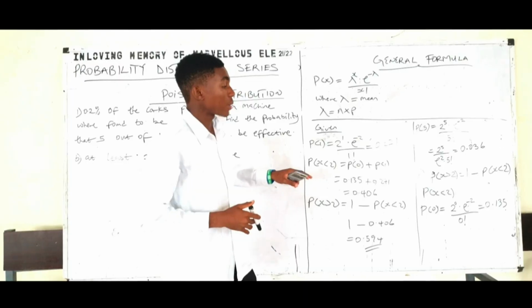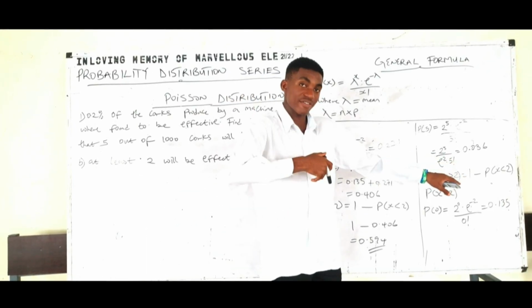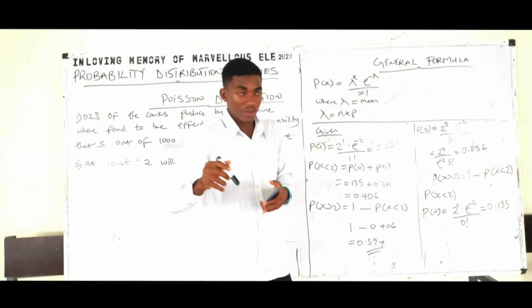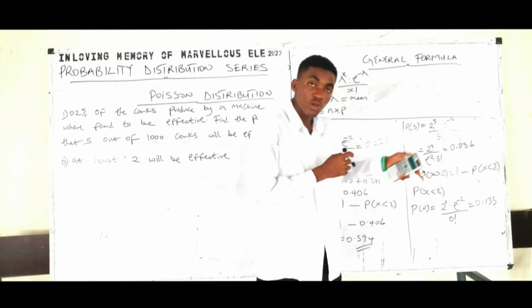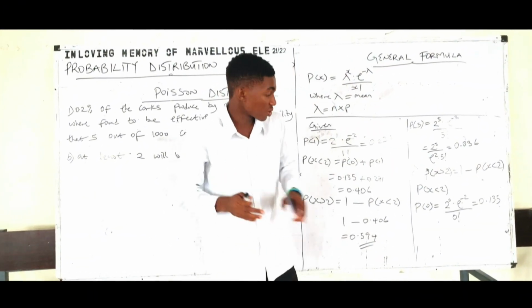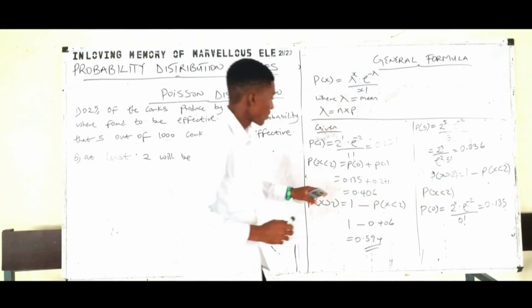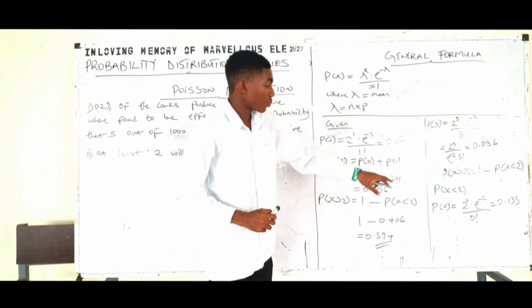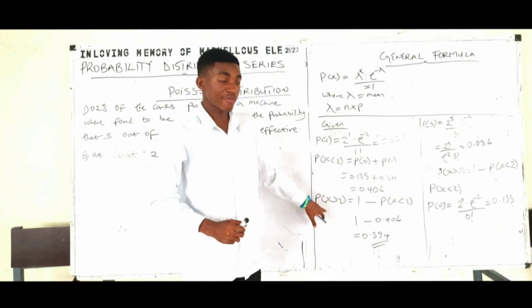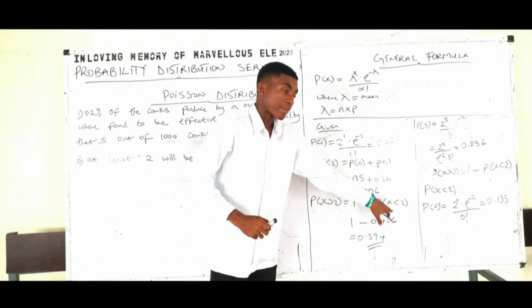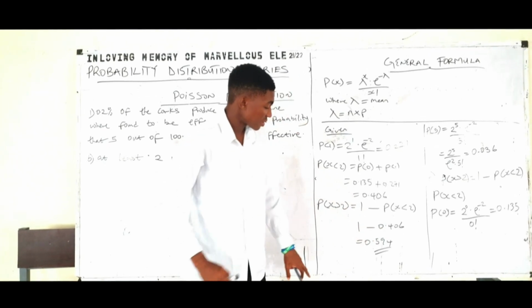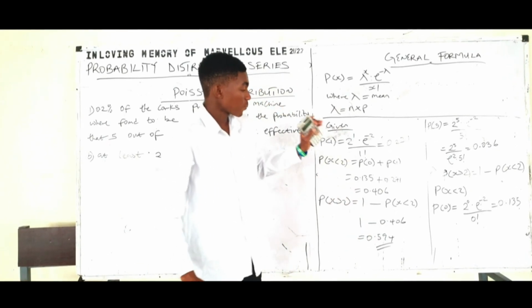If they ask for at least 5, you have 1 minus the probability of X less than 5, and you solve for X from 0 to 4. For less than 2, it's 0 and 1. You solve for each, add them together, and you get the probability of X less than 2. That gets your final answer, which is 1 minus 0.406. That is 0.594. This is our final answer.